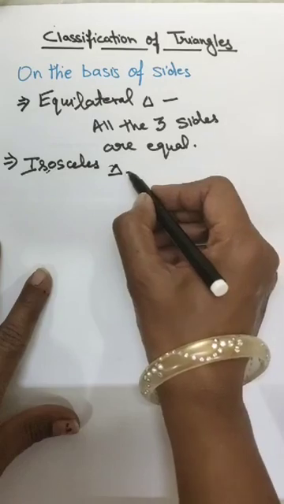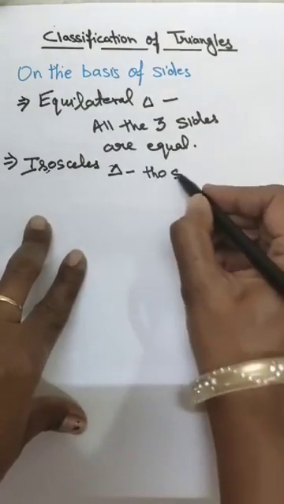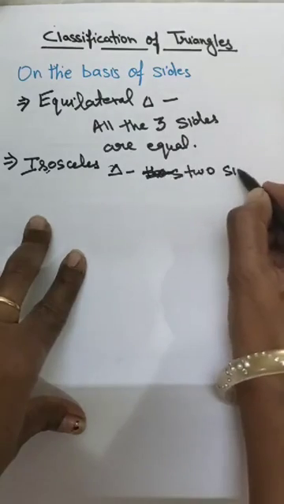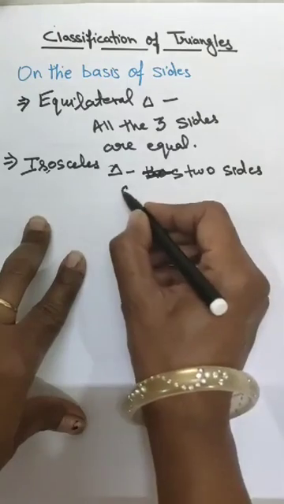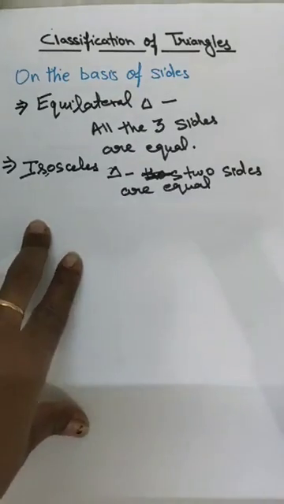Isosceles triangle is a triangle whose two sides are equal.